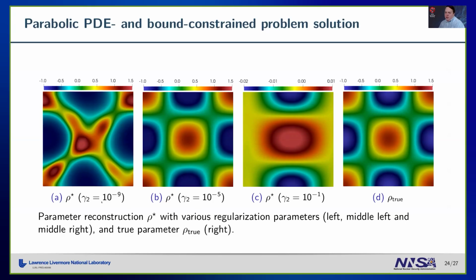But on the left we have too weak a regularization, so the solution of the optimization problem becomes more sensitive to the noise and it's a little funky. If we over regularize the problem, then since the objective is to reduce the L2 norm of rho, it actually becomes too small. This is 2 orders of magnitude too small.